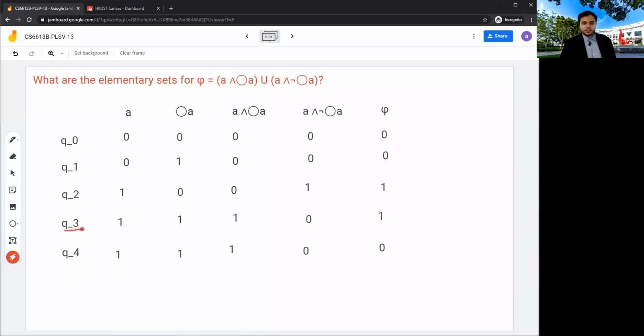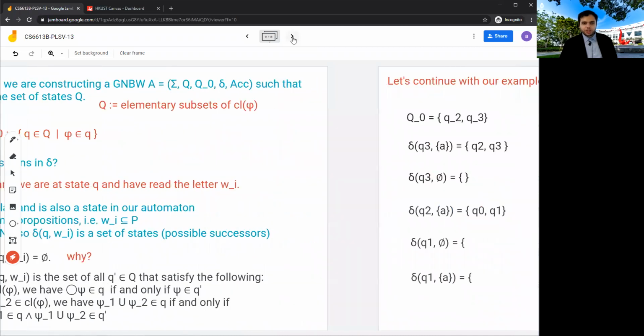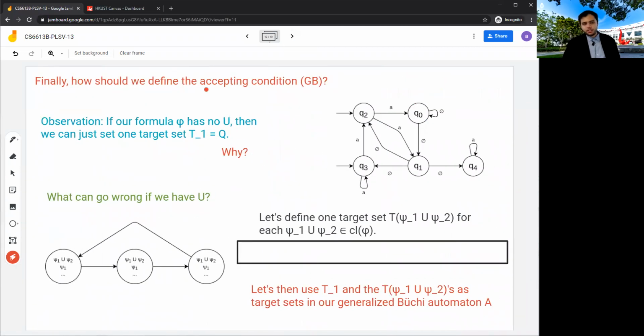Or if I'm in state Q3, where I have next A, I can only move to states where I have A. So I cannot make any moves that do not satisfy next A, right? And you can just check all the cases and see that this works if the formula has no until.